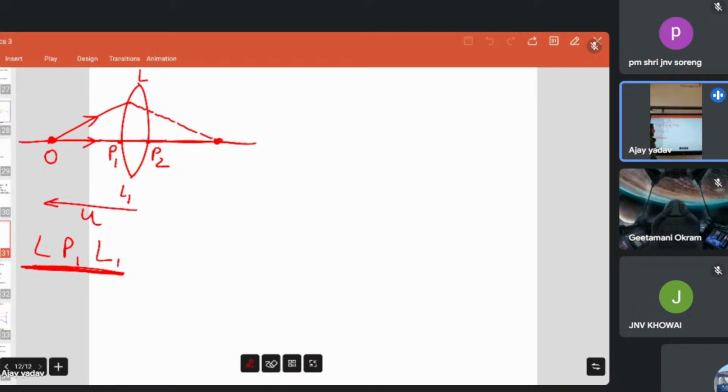Consider this is I1. So for the surface L P1 L1, O is the object and I1 is the image. But in actuality the surface L P2 L1 is also present.